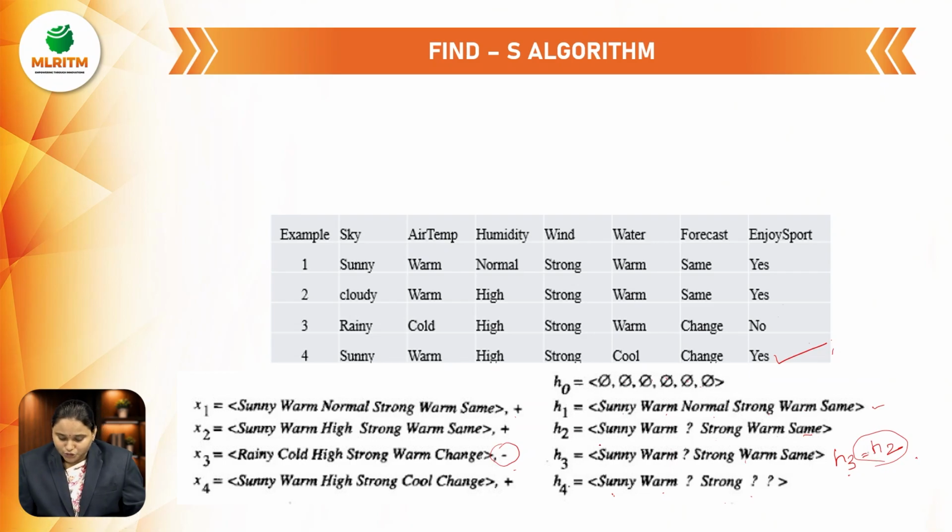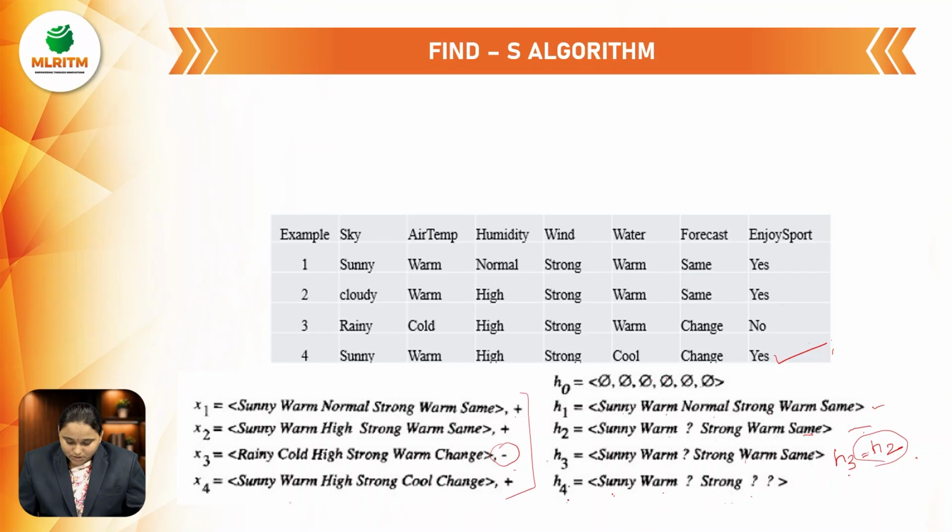So in this, H2 is sunny, warm, question mark, strong, warm, same. It is a positive example, so we need to represent positive. In this, the attributes of X1 and X3 are all the attributes in the question. In the question, they have mentioned all these three.